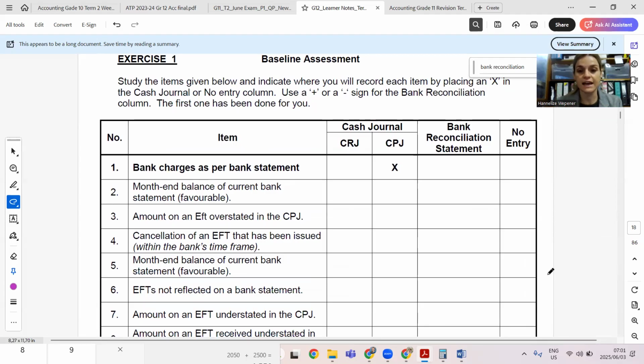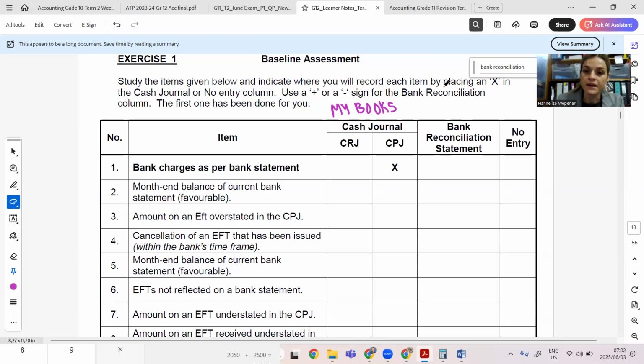So remember that the cash journals, this is your books. This is you saying that I forgot about something or I made an error, so I need to fix my books. So we can also ask you to please calculate the correct bank account balance, and this is what it is.